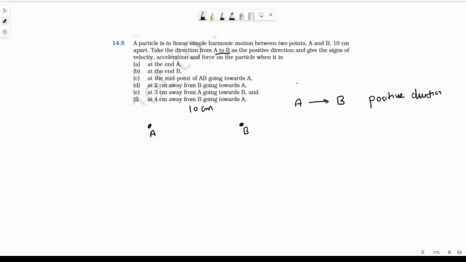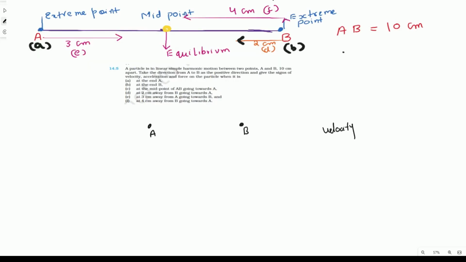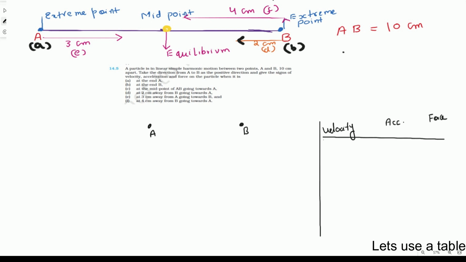So I will just draw a table. This is the table of velocity, acceleration and force. So these are the columns we can draw, and we can write all the points here using what is given in the question. We will use this table to give answers.